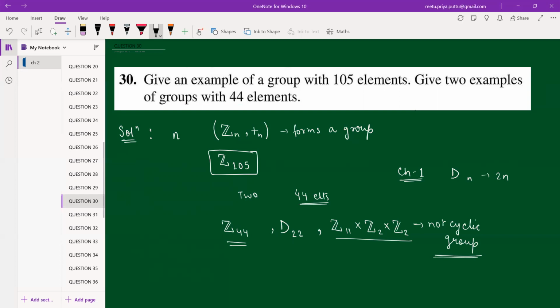So this one is cyclic and abelian. This one is not cyclic, but abelian. And this is neither cyclic nor abelian. For anyone who knows this, it's very good. If you don't know this, in the further videos you will learn this. So don't worry about that.